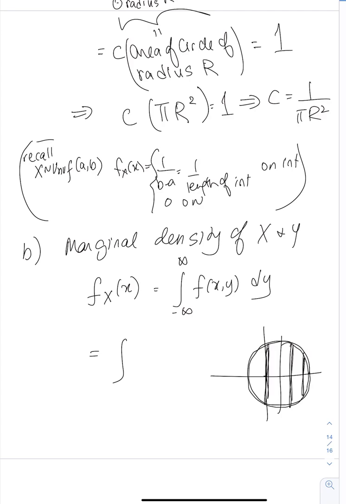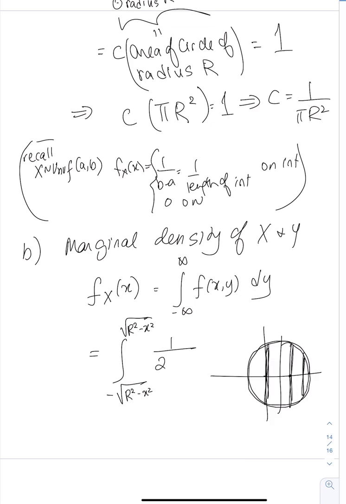So if you fix a certain x, what is the range of y? For any particular x, y goes from negative square root of r squared minus x squared to positive square root of r squared minus x squared.